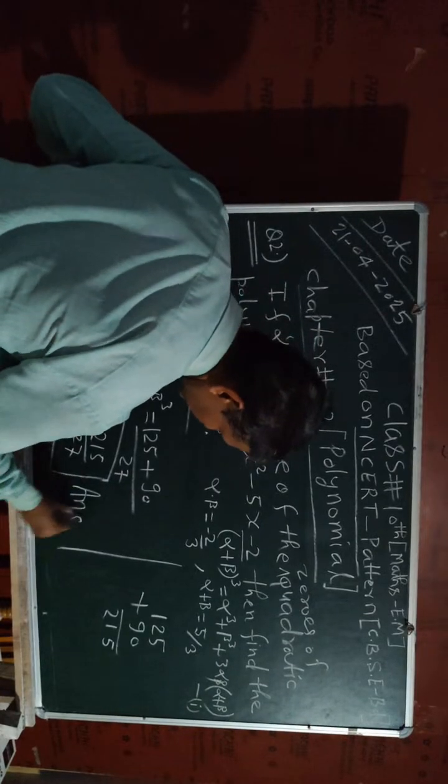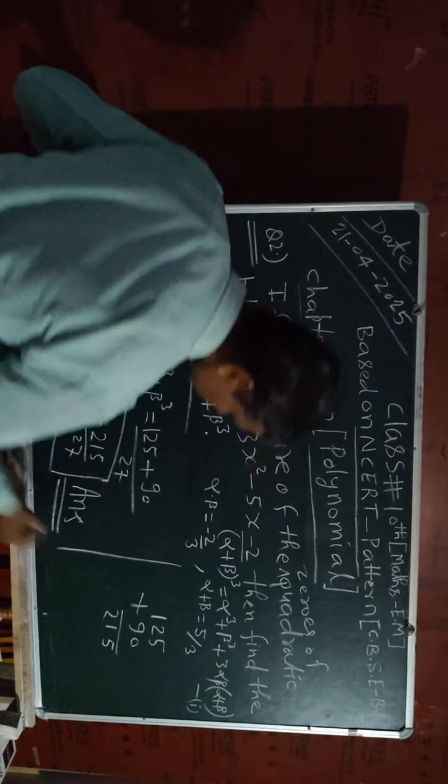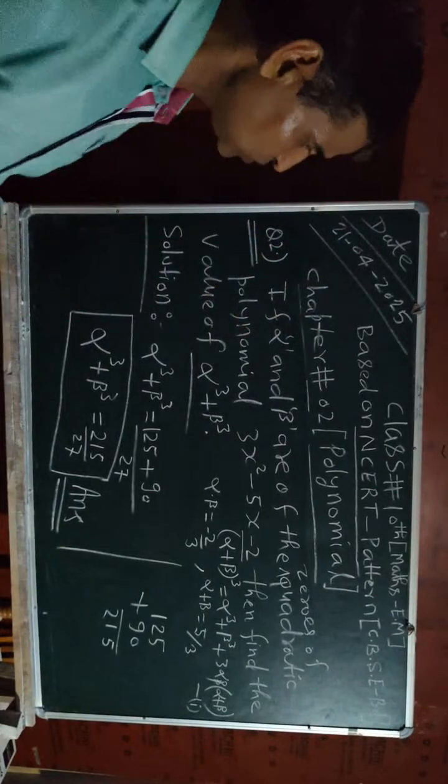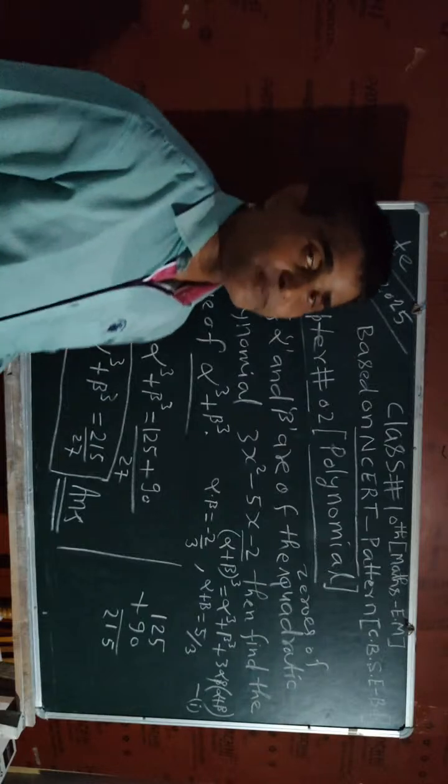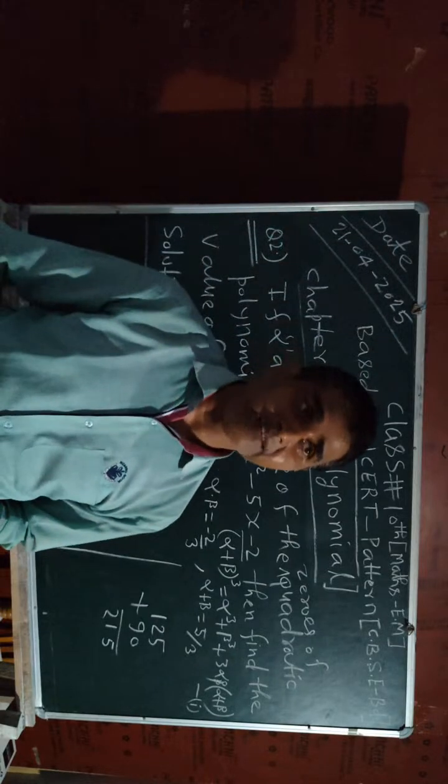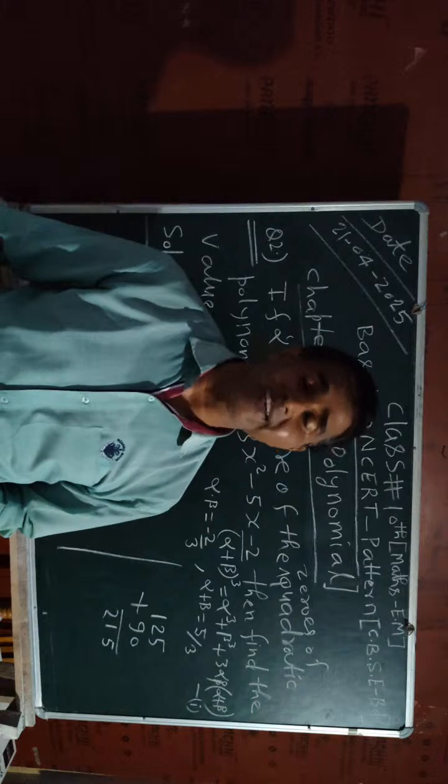So according to this way, you can solve easily. Because here I have used only one algebra identity and two conditions of a polynomial.